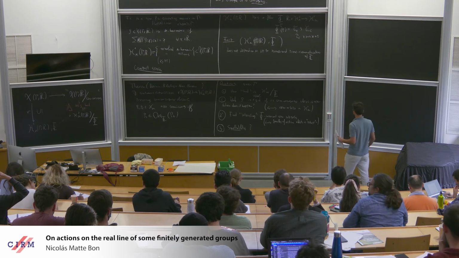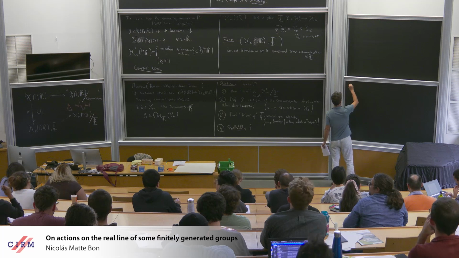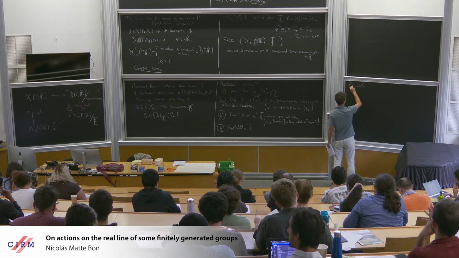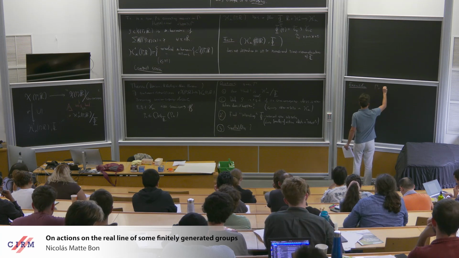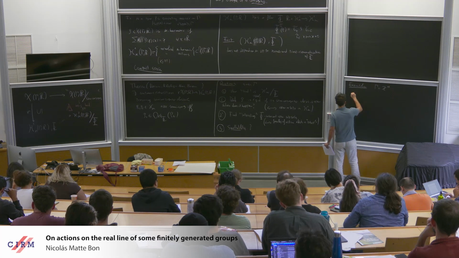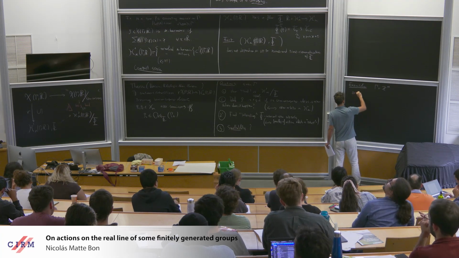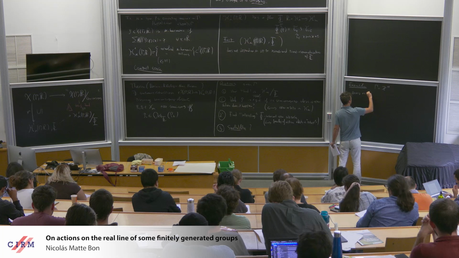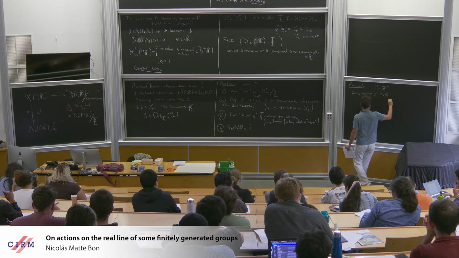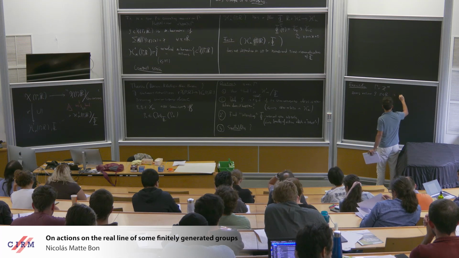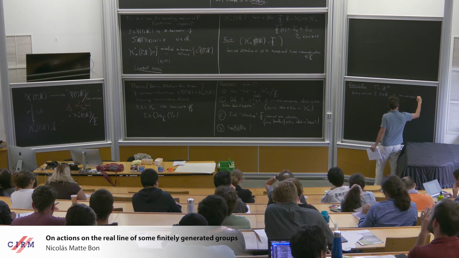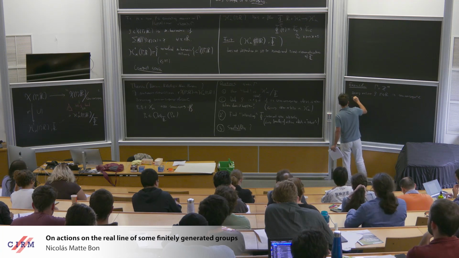So let me start with an example. Very simple example. Take gamma equals Z^n. Then what you can show is that every action rho of gamma on the line, of course without fixed point, is semi-conjugate to an action by translation.